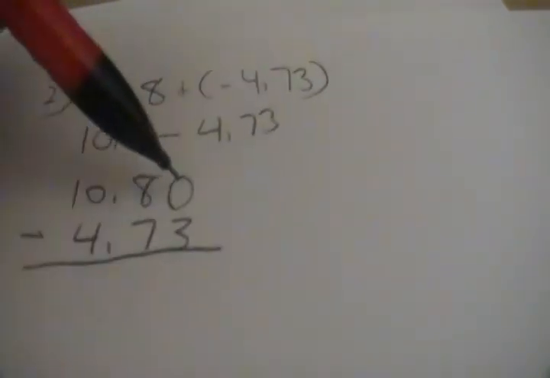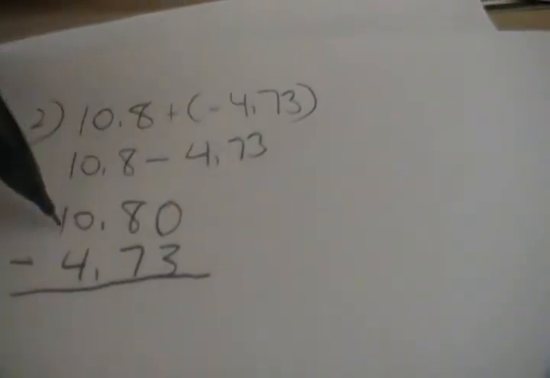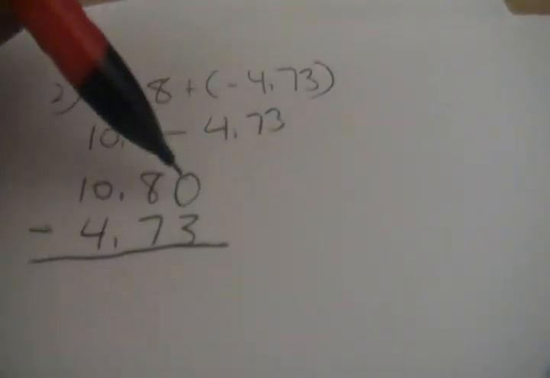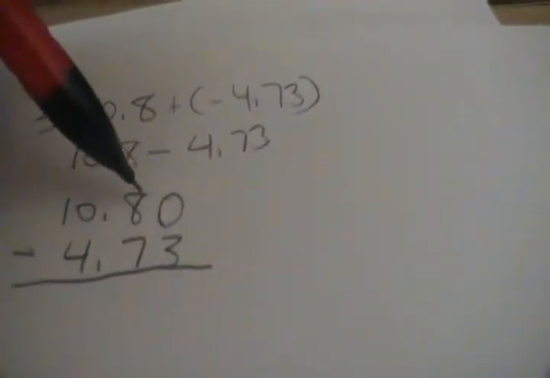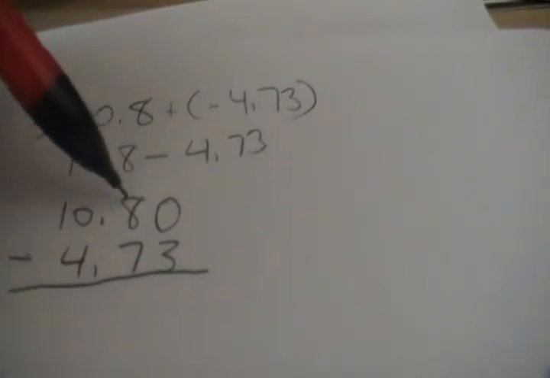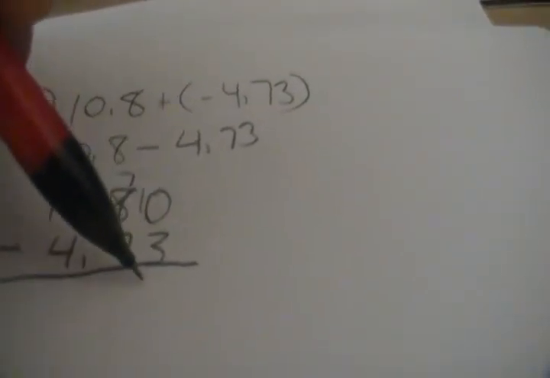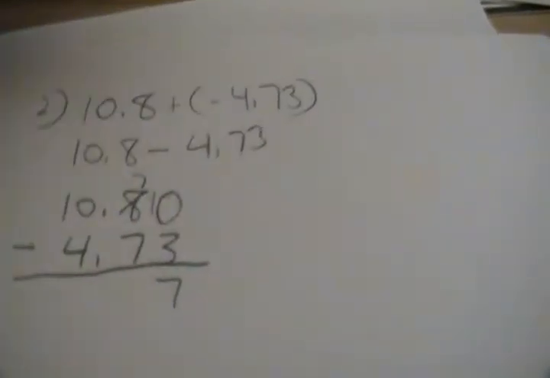Okay, so let's subtract from right to left. We know that 0 minus 3, you have to borrow from the next digit. So 8 becomes 7, and this becomes 10, right? So 10 minus 3 is 7.